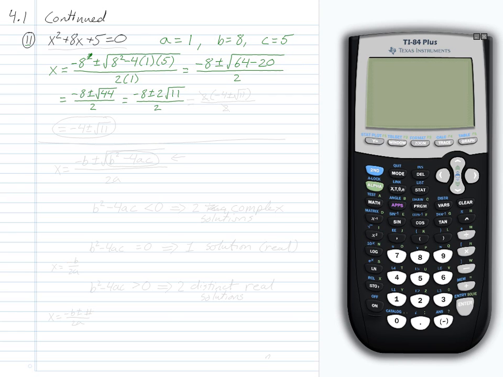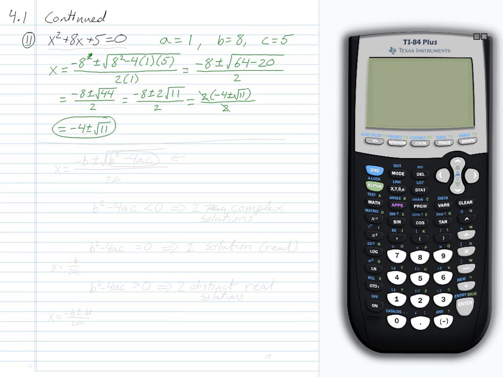Now every term here, the negative 8 and the 2 root 11, share a factor of 2. So I can factor a 2 out of everything in the numerator, be left with negative 4 plus or minus square root of 11, all over 2, and then we'll cancel our 2's and be left with our final answer, negative 4 plus or minus root 11.